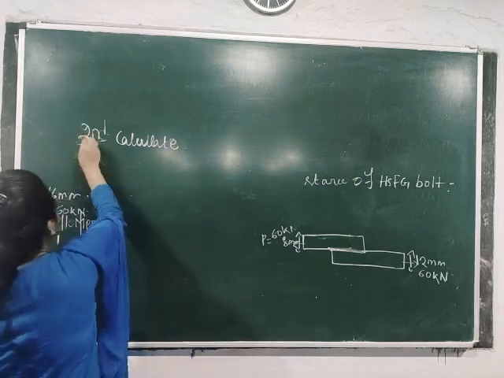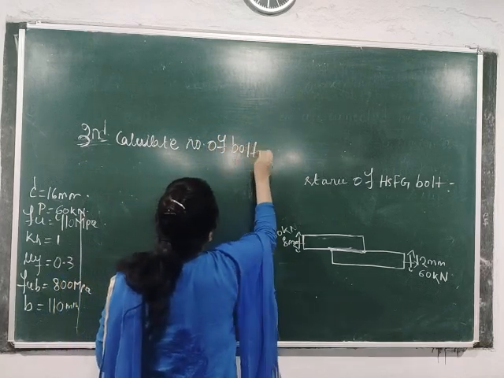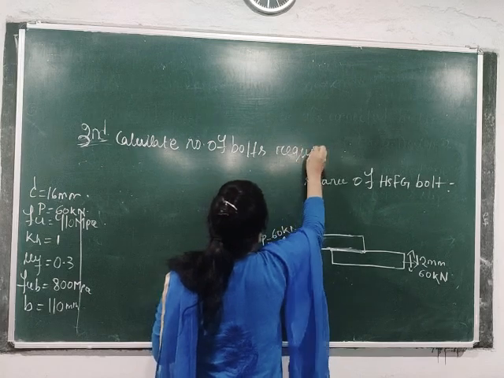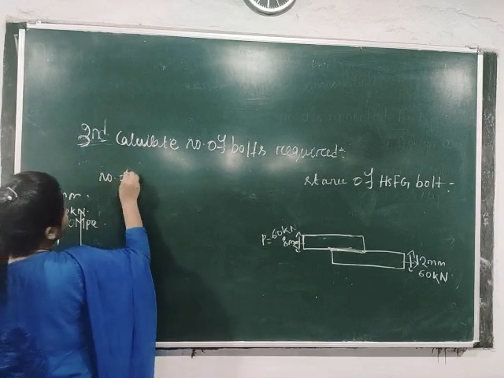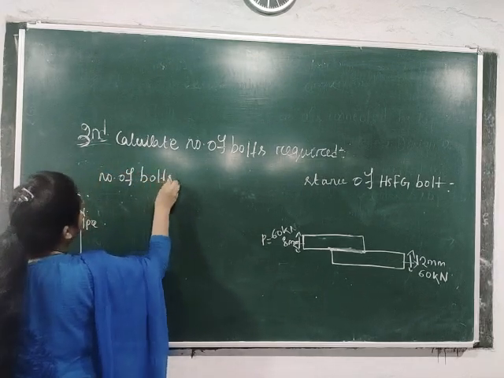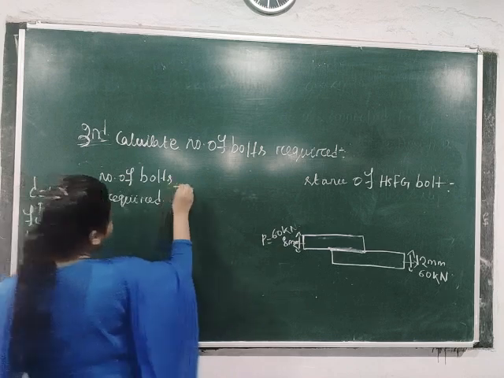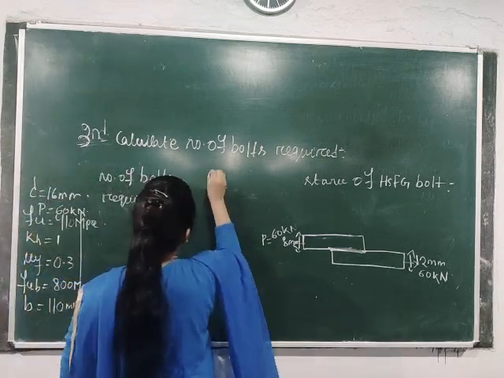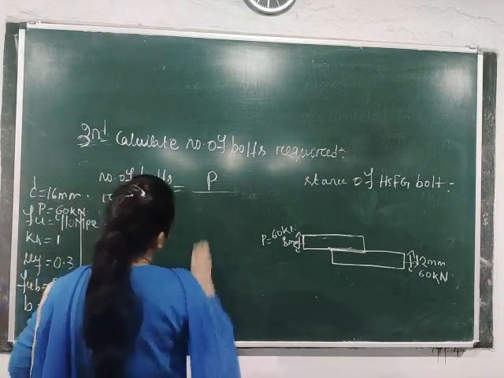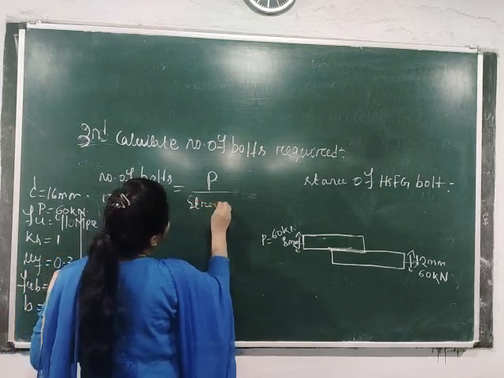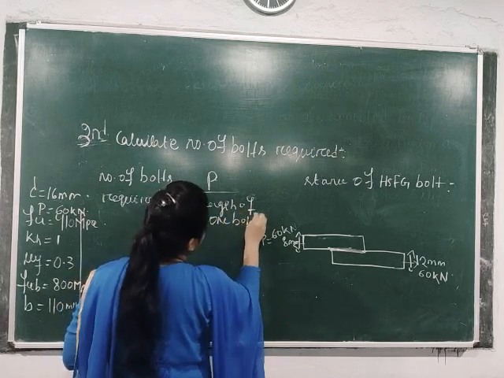So in the third step calculate number of bolts required. The number of bolts required can be calculated by the external applied load, meaning the load to be transmitted by the joint, divided by the strength of one bolt, and here the bolt is HSFG bolt.